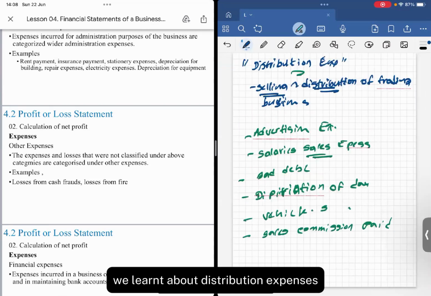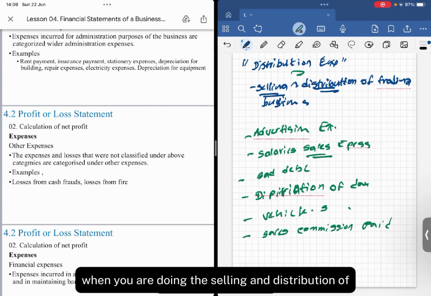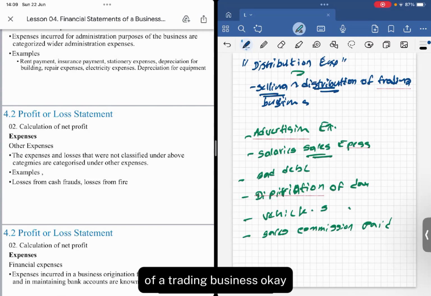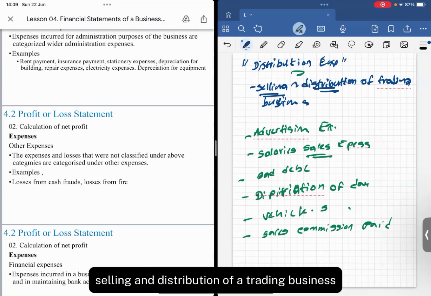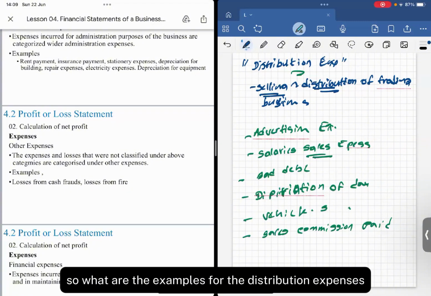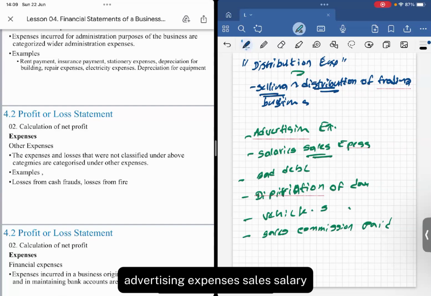We learned about distribution expenses. Distribution expenses are the expenses that have to be incurred when you are doing the selling and distribution of a trading business. So what are the examples for the distribution expenses? Advertising expenses, sales staff salary, bad debts, vehicles, and sales commission paid.